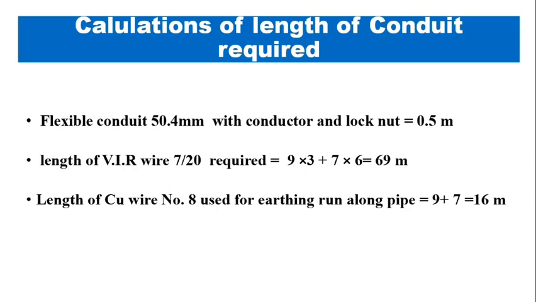So the length of earth wire is 9 meter plus 7 meter: 9 meter for the 38.1 mm conduit and 7 for the 50.4 mm conduit. So 9 plus 7, a total of 16 meter of copper wire is required for earthing.